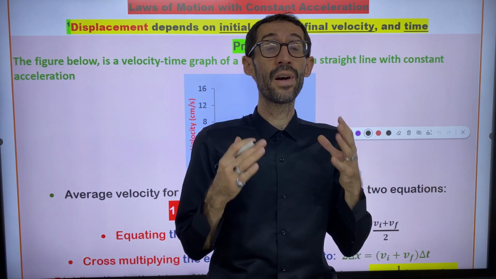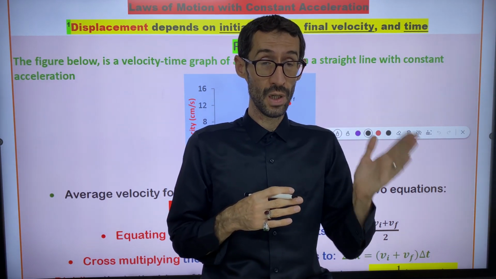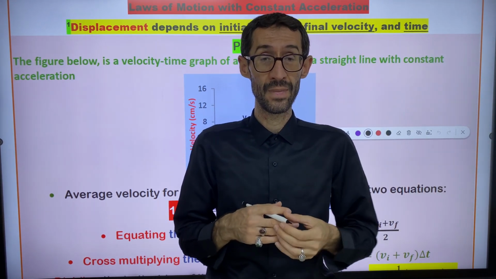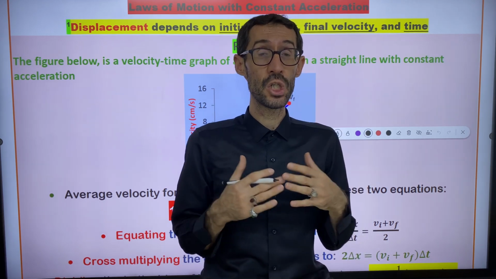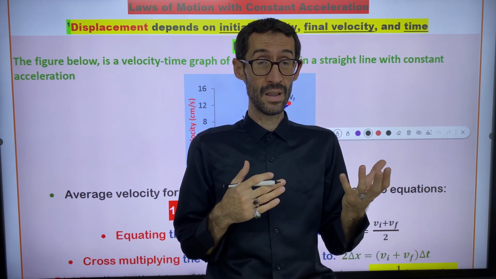There are four rules. We obey these rules for finding the initial velocity, final velocity, acceleration, and so on. For each rule, we have a proof.